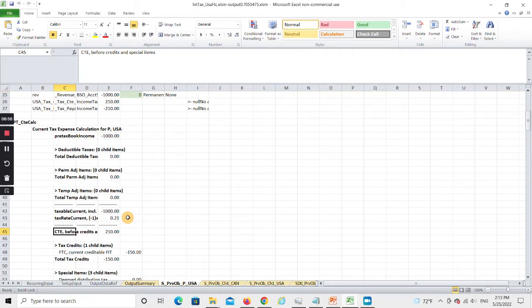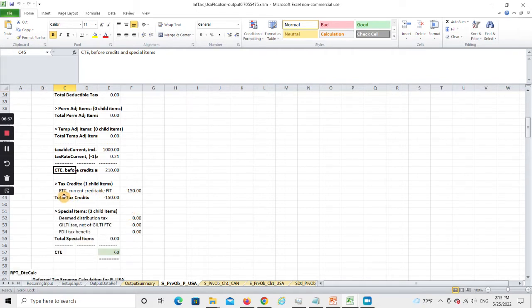Then we look further down, we see that there is a foreign tax credit, currently creditable foreign income tax. This is $150 that brings the tax expense down to only 60. So we kind of have an idea why the amount is less than the 21%.